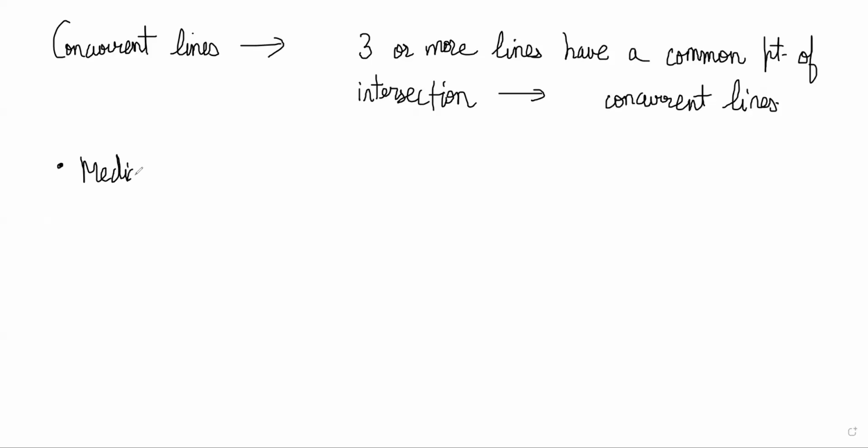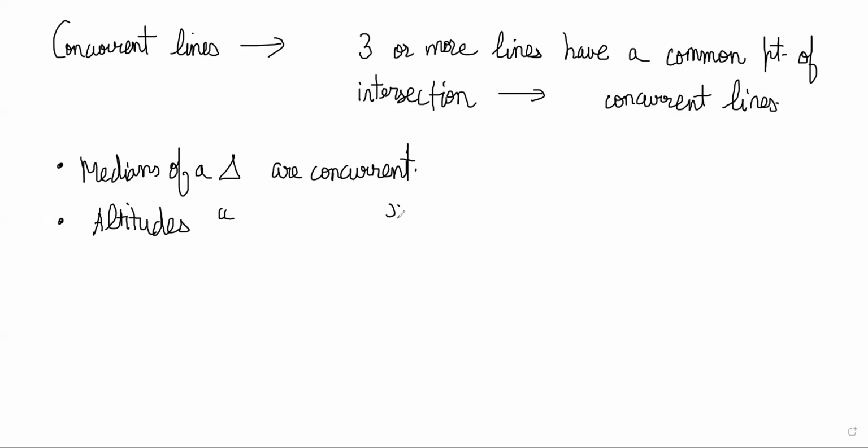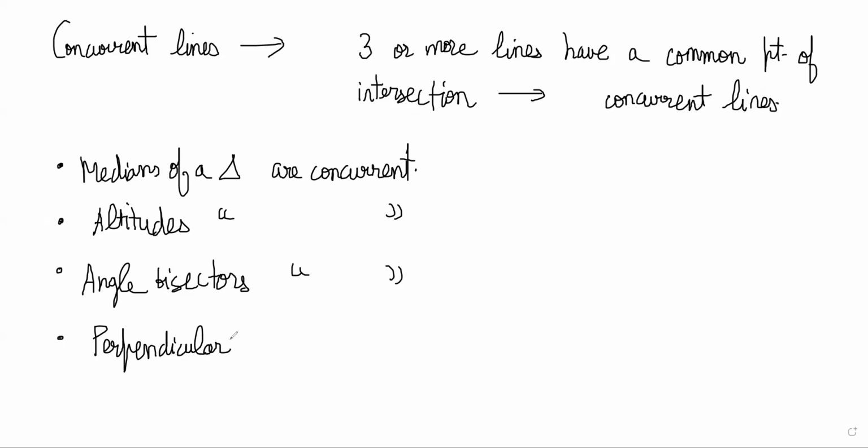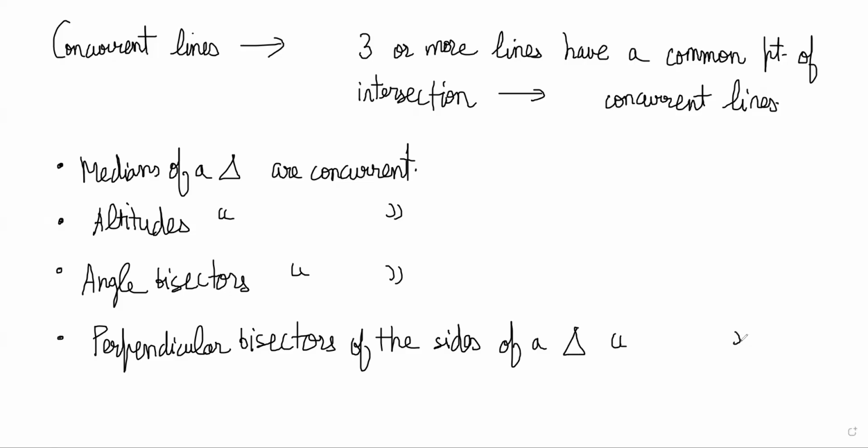The medians of a triangle are concurrent. You can also prove the same thing for altitudes of a triangle. They are also concurrent. Similarly, angle bisectors of a triangle are also concurrent, and also perpendicular bisectors of the sides of a triangle are also concurrent.